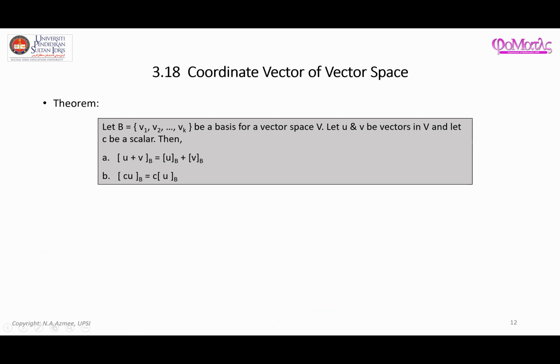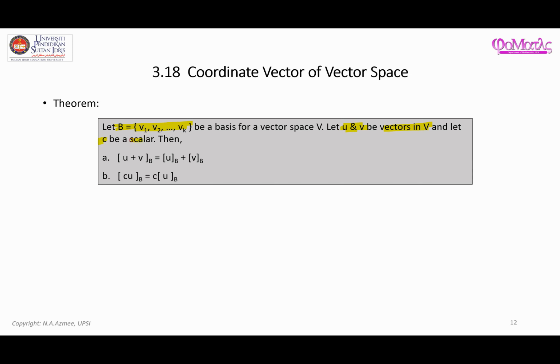Alright, here's a little bit of theorem before we end this video. Based on this theorem, we have a basis given as a combination of all these vectors, and then we have u and v to be vectors in that space.